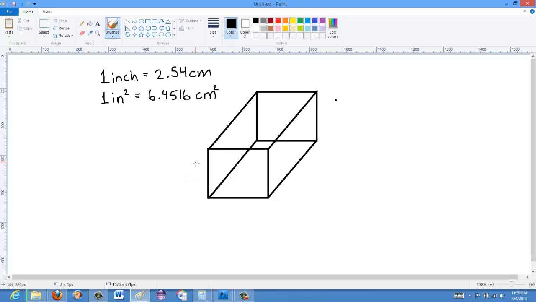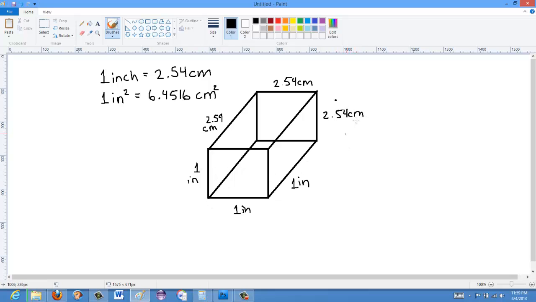So this would be 1 inch, 1 inch, and 1 inch. But this would mean that this would be 2.54 centimeters, 2.54 centimeters, and this side would also be 2.54 centimeters.